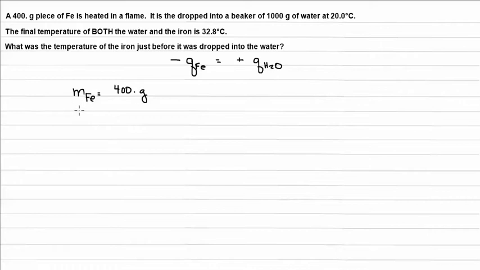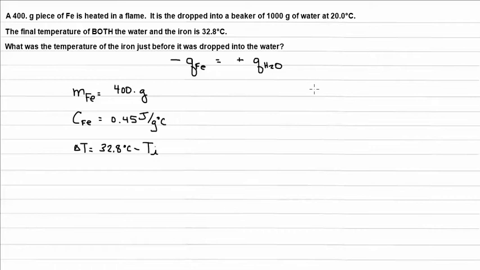The specific heat capacity of iron is 0.45 joules per gram degree Celsius, or gram Kelvin. The delta T is T final minus T initial. The final temperature of the iron is 32.8 degrees Celsius. The initial temperature of the iron is what we're solving for.